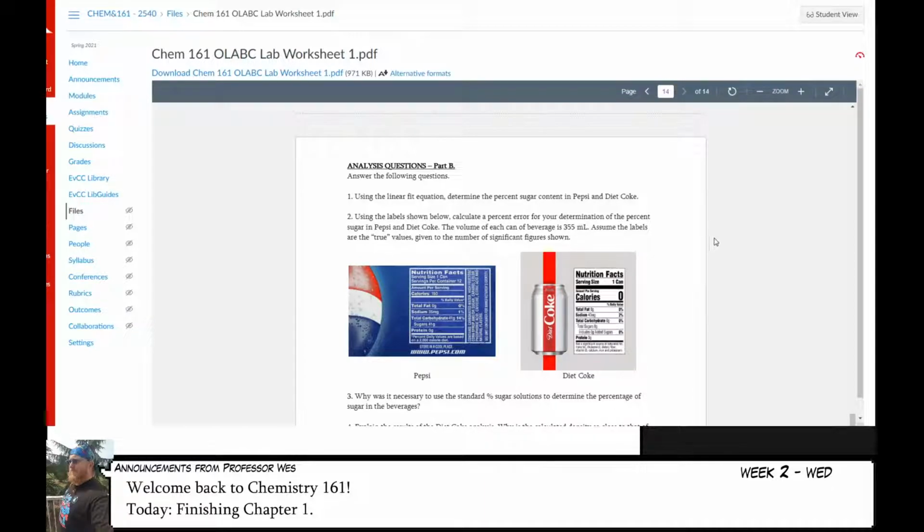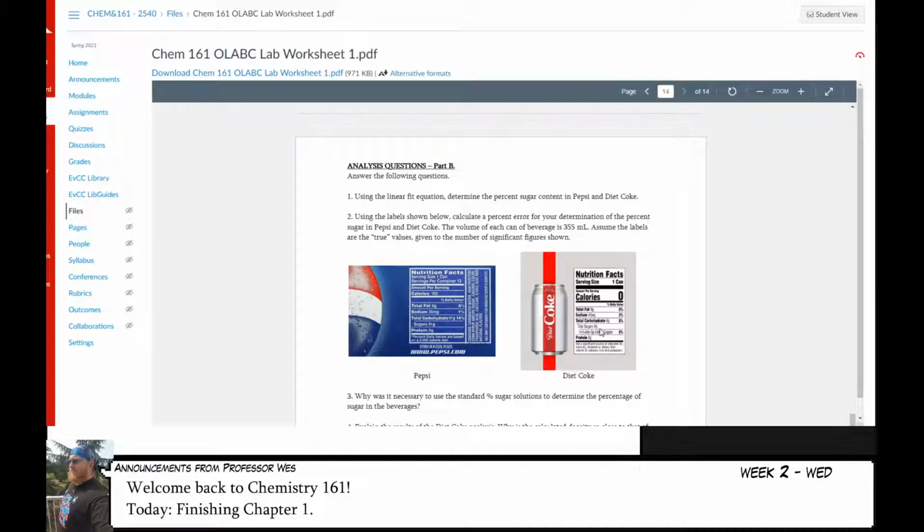What you're going to use is the volume of the soda. The volume of the soda is 355 milliliters because that's just the standard that we do for cans, 12 fluid ounces. And then the amount of sugar in there is listed where it says sugars. So right here, there are 41 grams of sugar per can. So you can find a percent sugar in grams per milliliter.